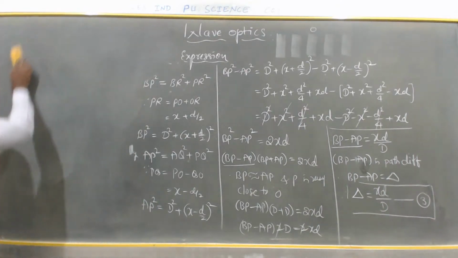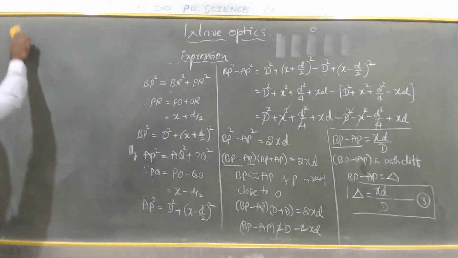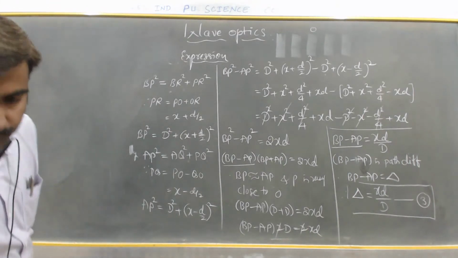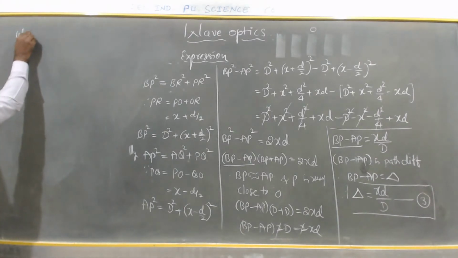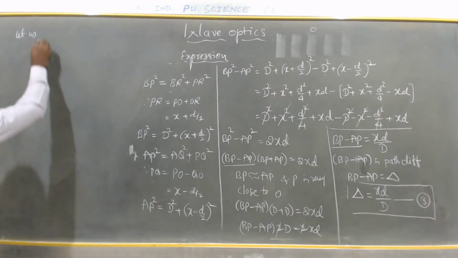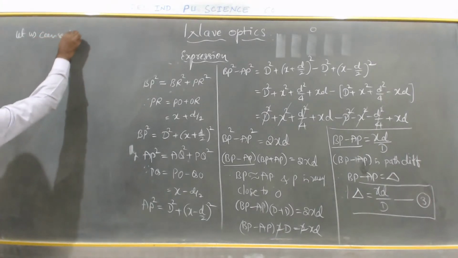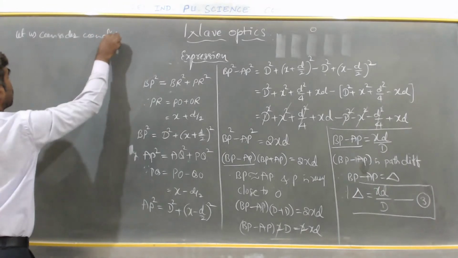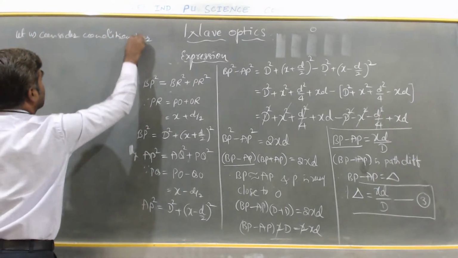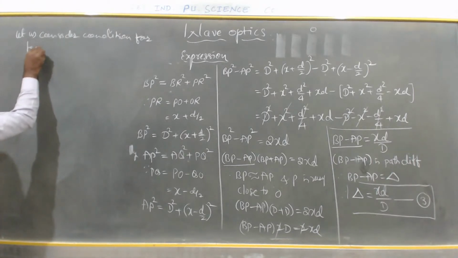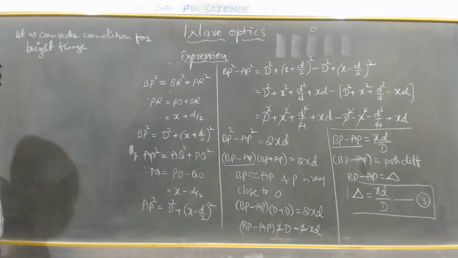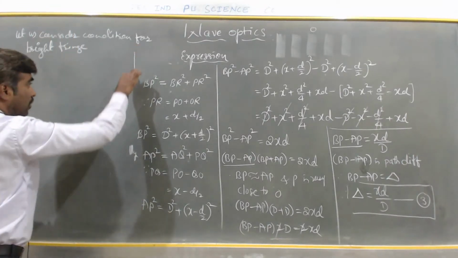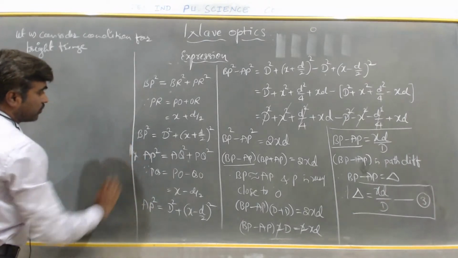I hope you can see up to this portion. Now we shall discuss the condition for bright fringe, or we can say the condition for constructive interference.